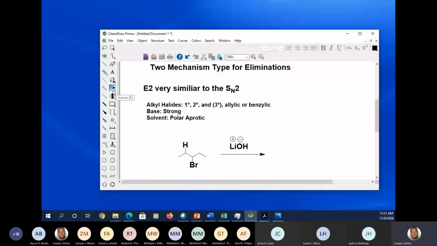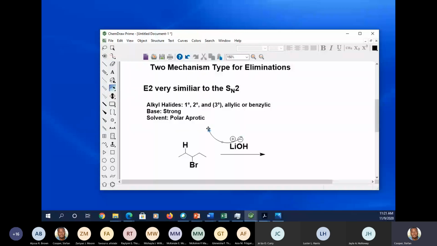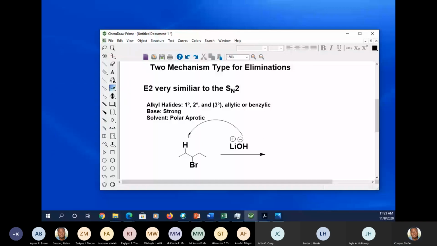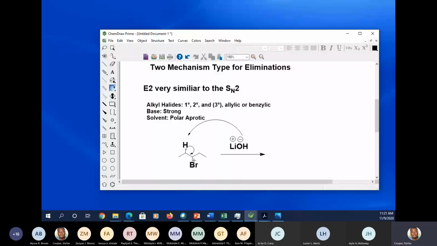One lone pair from the hydroxide anion is going to remove a proton, while I break the chemical bond between the carbon and the H here. That's going to kick off my leaving group.